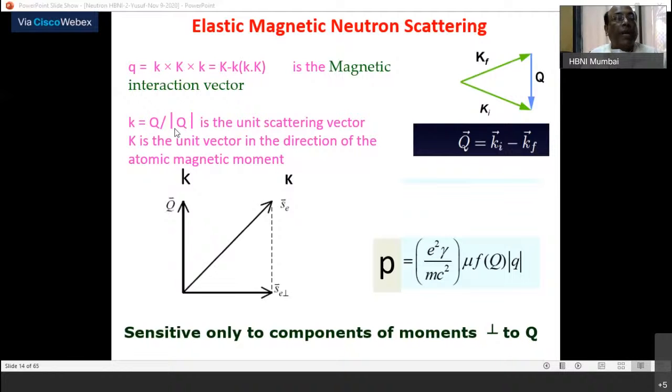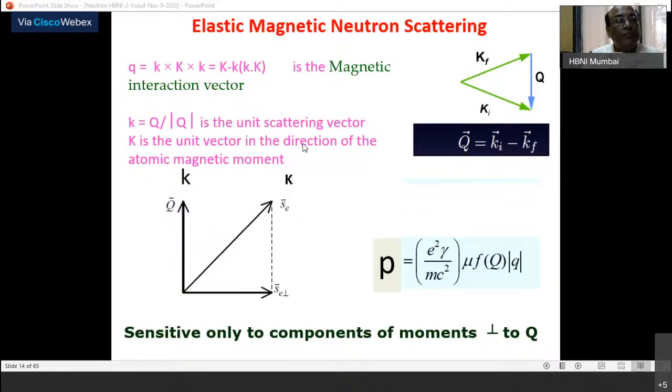It is vector Q divided by magnitude Q. That means along the Q, along this momentum transfer, this is a unit vector, right? So along this scattering vector, small k is the unit vector. So you take only the direction. You forget the magnitude of Q. Rather, you take the direction, the sense.